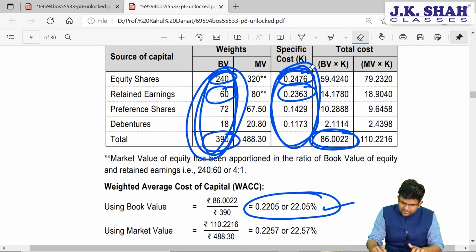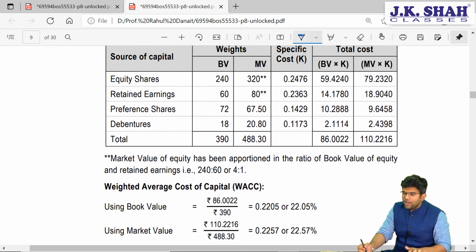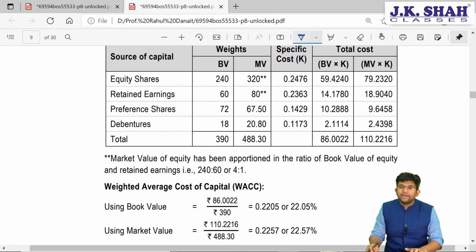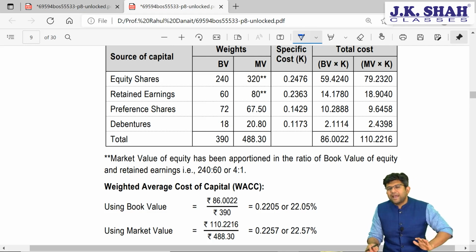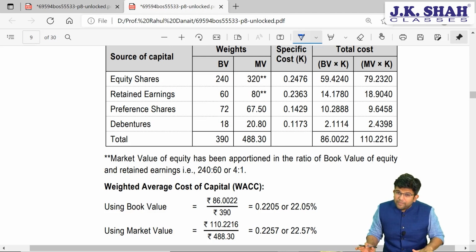Everyone clear? Then children, they are also asking you to calculate based on market value weights. Now, according to the institute, this is a very peculiar point. Generally, when we calculate WACC based on market value weights, we are supposed to ignore reserves, because the market value of reserves is deemed to be included in the market value of the equity shares.